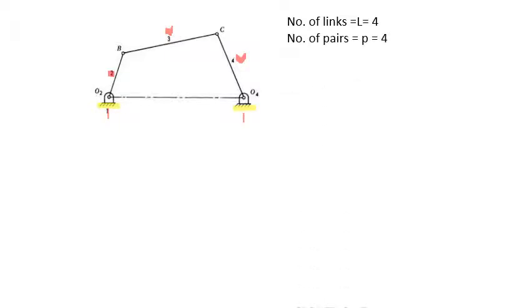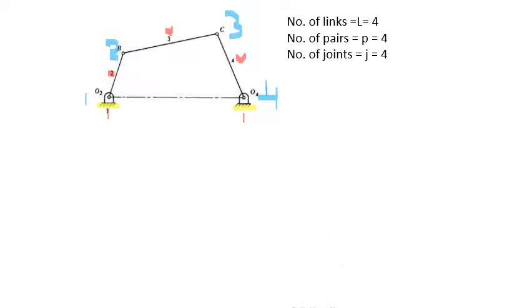Link number 1 and 2 makes the first pair. Next, link number 2 and 3 makes the second pair. Next, link number 3 and 4 makes the third pair. Next, 4 and 1, that is the frame, makes the fourth pair. So we have the number of pairs p equal to 4.